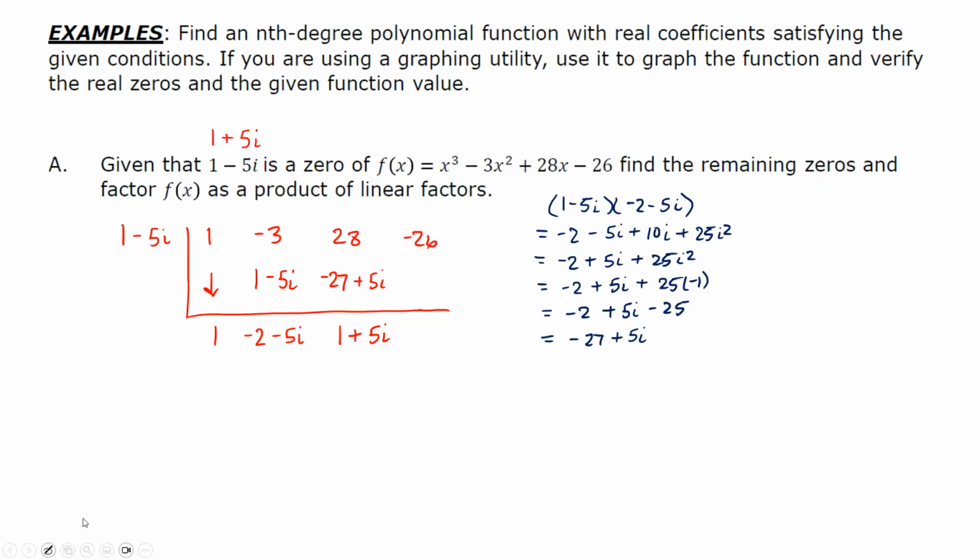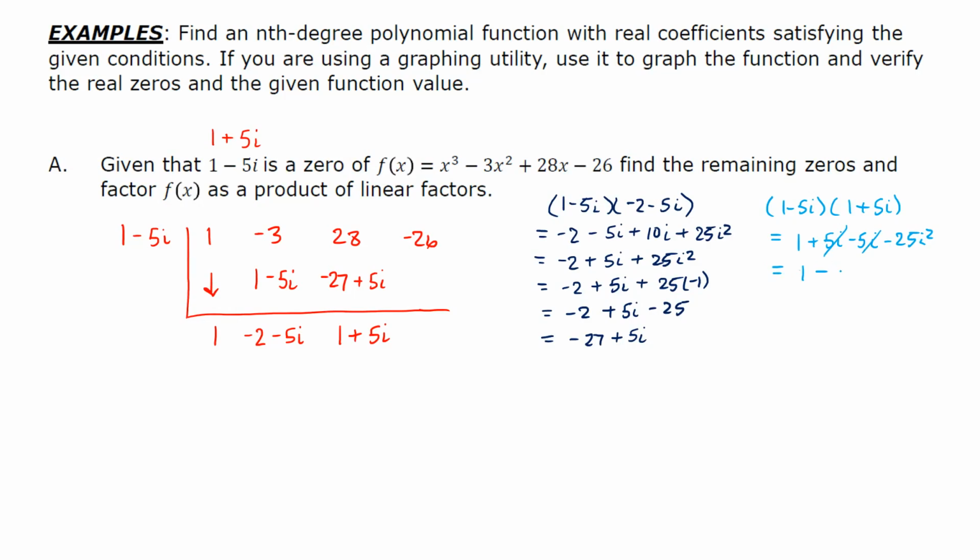So now let's multiply those two together. So 1 minus 5i times 1 plus 5i. So I'll have 1 plus 5i minus 5i minus 25i squared. These terms cancel.